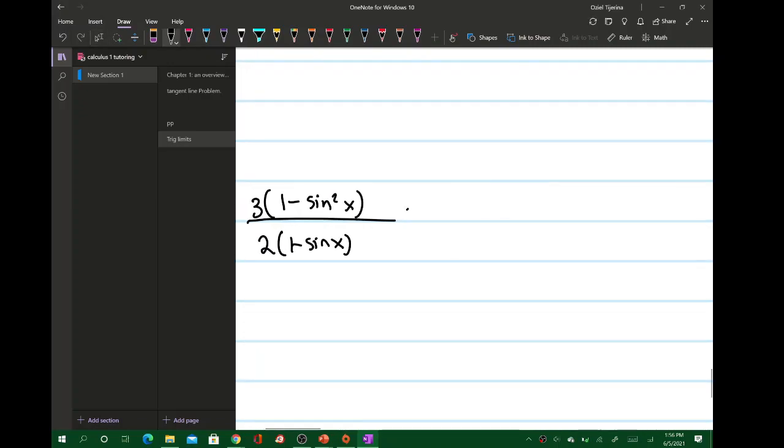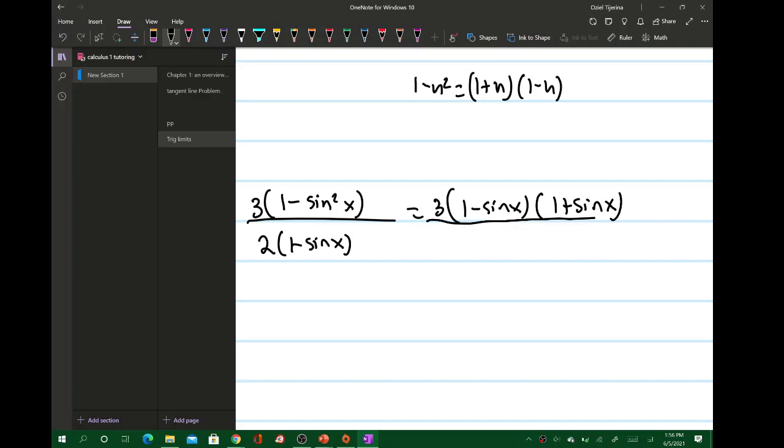So in reality, like I said before, 1 minus u squared equals (1 plus u) times (1 minus u). So it's going to be 3 times (1 minus sine x) times (1 plus sine x) over 1 minus sine x.